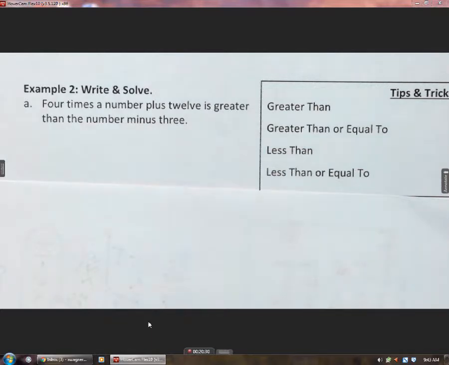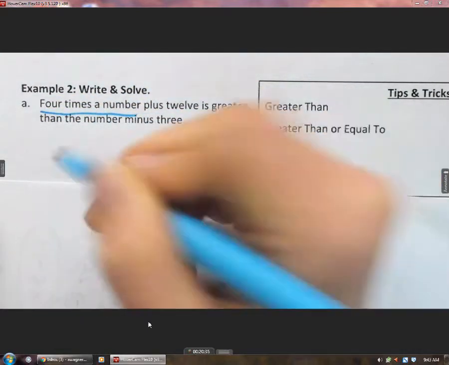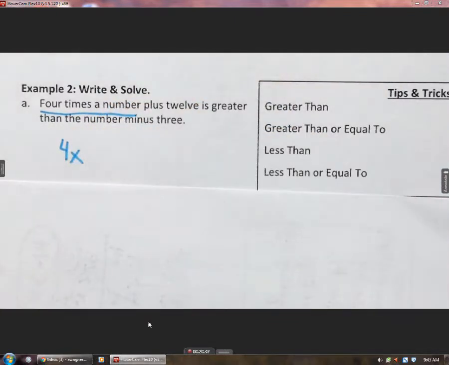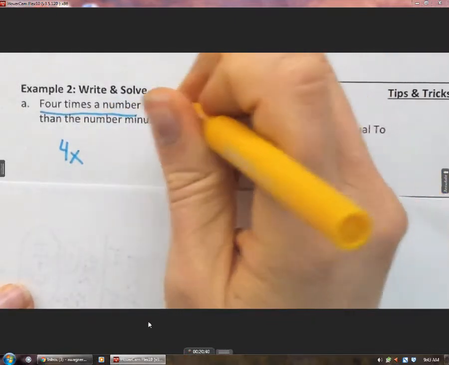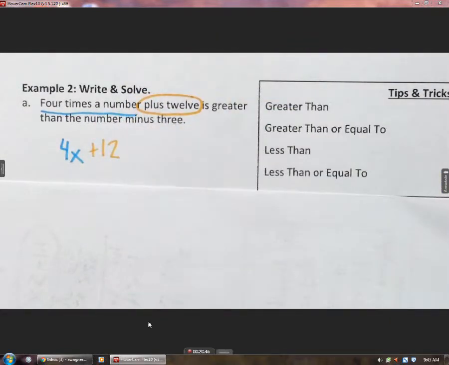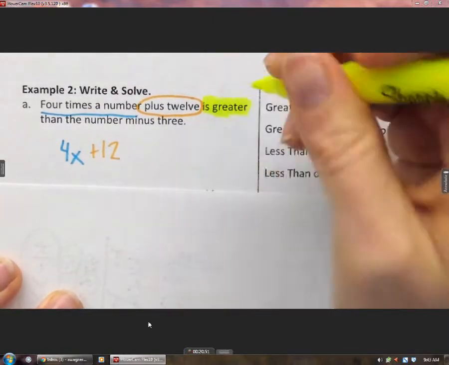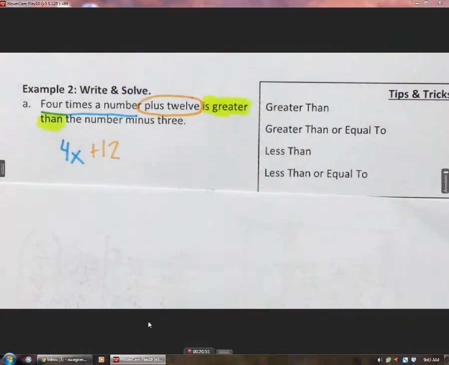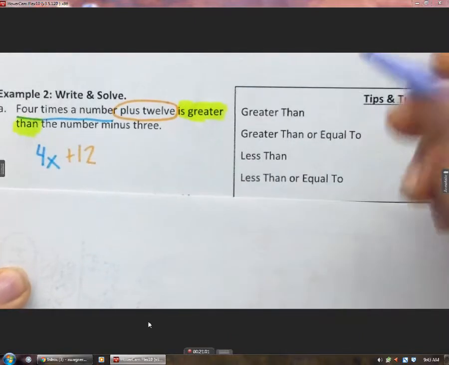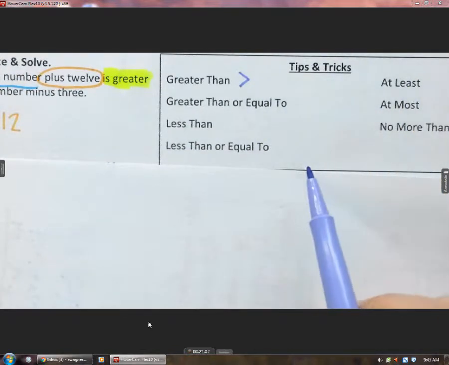So some of them are really going to be fine, like 4 times a number. How would you write 4 times a number? Okay, good. 4x. And then it says plus 12. And then it says is greater than. So which way is my inequality going to face? Greater than looks like this. This is my tips and tricks box.